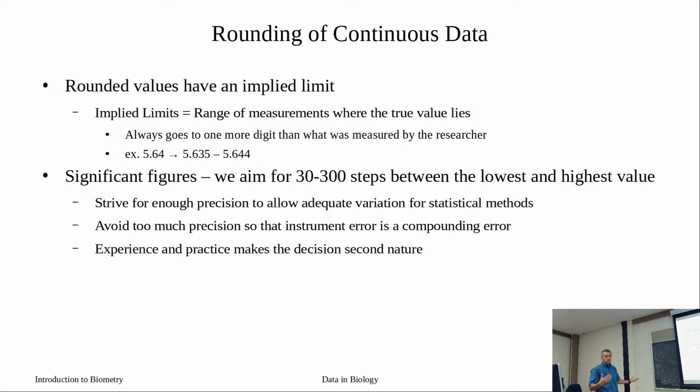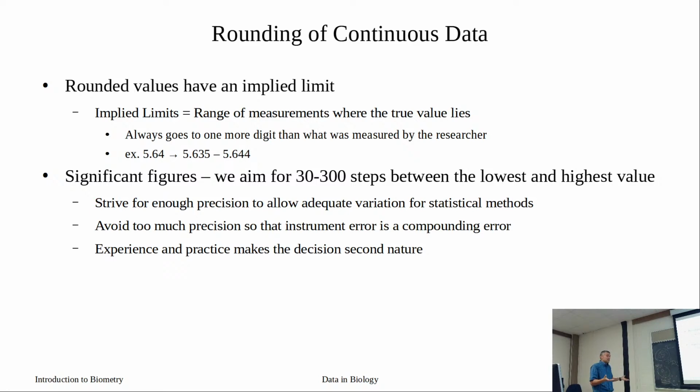All right. When we round our own data, we are actually going for a specific target. If you're in chemistry, they always say significant digits. There's a reason. Because if you do significant digits correctly, then we're going to have between 30 and 300 steps between the lowest and the highest value in our data set. That's our target. In most cases, if you just do standard rounding, you hit this.